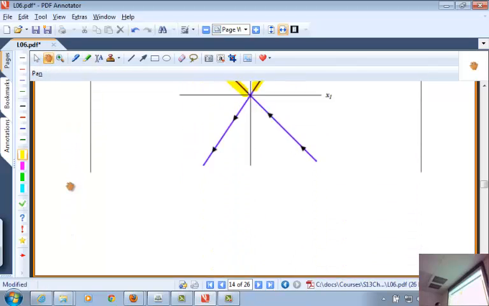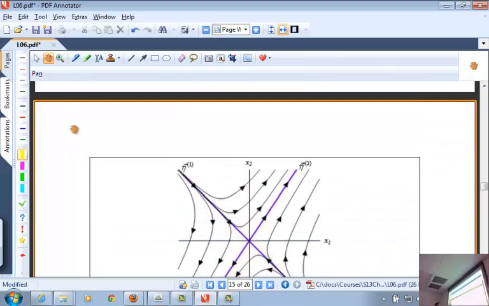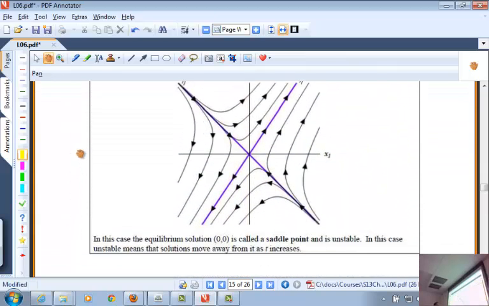And you can plot the trajectory of that, and the trajectories will look like this. Okay? And it's only one of those trajectories that we have calculated there, starting from some initial condition. This equilibrium solution is called a saddle point, and it is unstable.